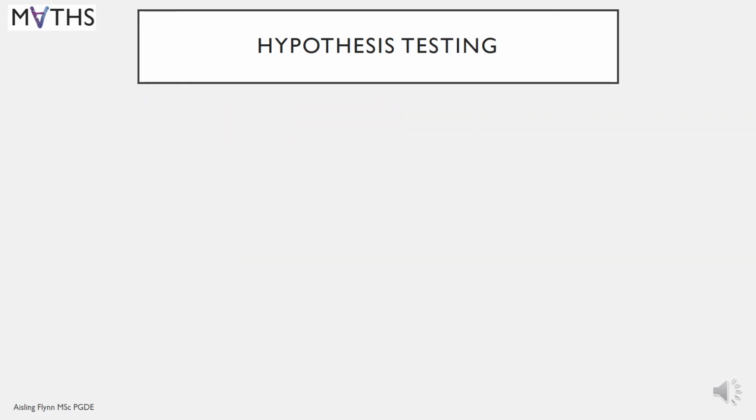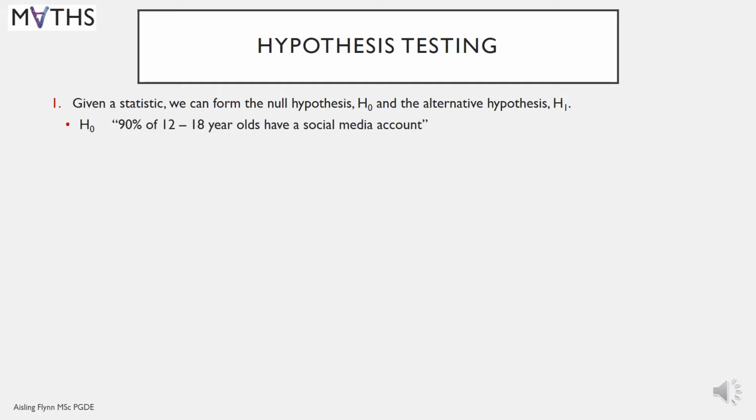Okay. So this is the procedure we will go through for hypothesis testing. Firstly, given a statistic, we can form the null hypothesis H0 and the alternative hypothesis H1. So we would just write them down.